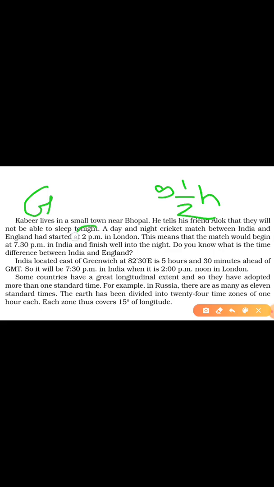So when the match will start at 2 p.m., in India, you can add 2 plus 5.5, so it will be 7:30 p.m. India is located in the east of Greenwich, and the standard time of India is 82.5 degrees east. So it is 5 hours and 30 minutes ahead of Greenwich meridian time. Okay, so it will be 7:30 p.m.